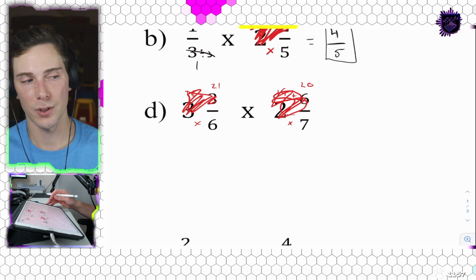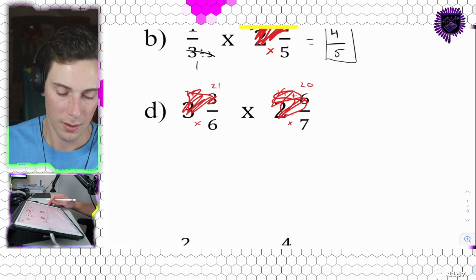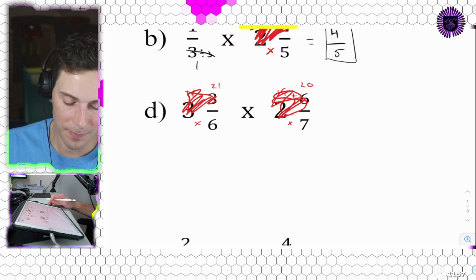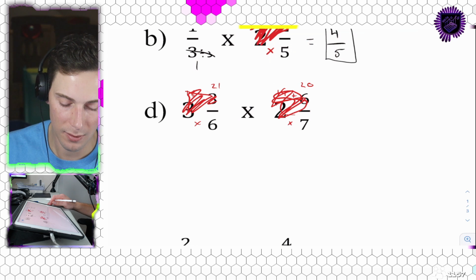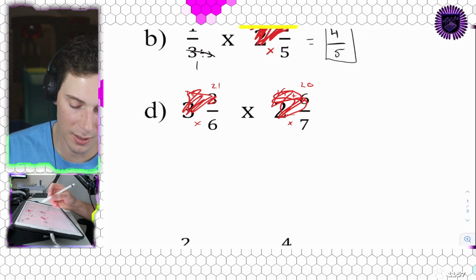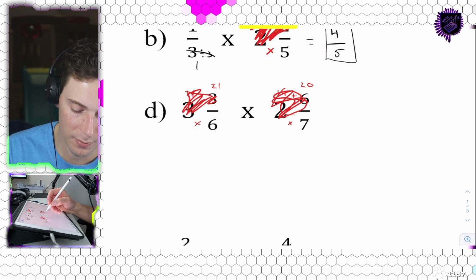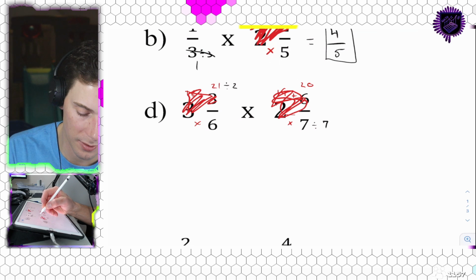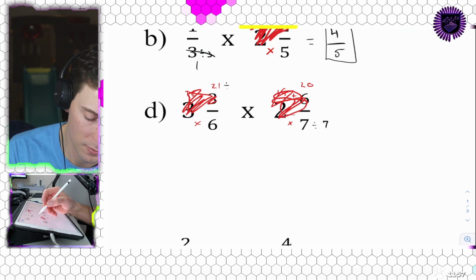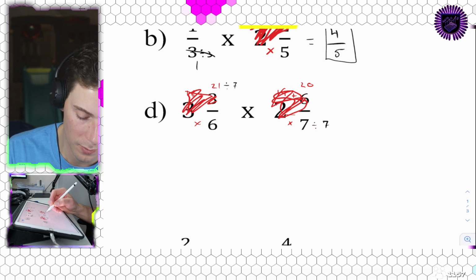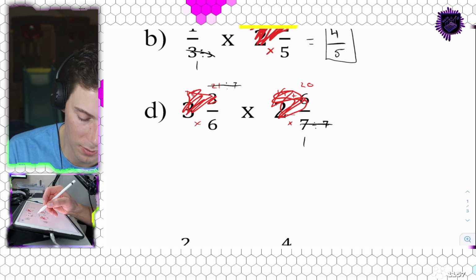Now we have 21 sixths times 20 sevenths. Now, of course, what we can do here is factor out, divide those two by 7, which equals 1 and 3.